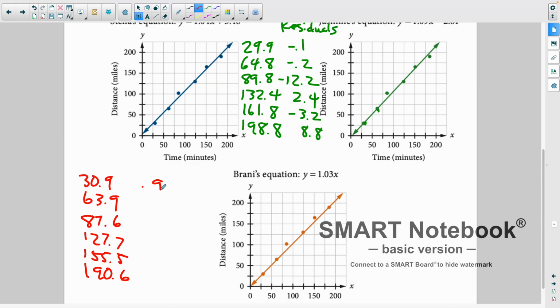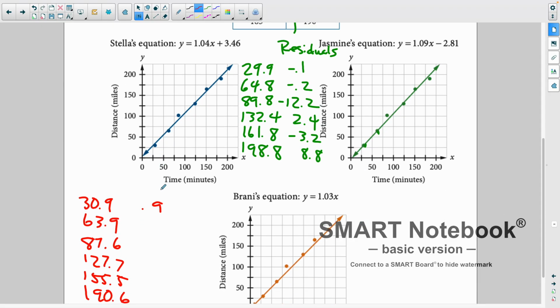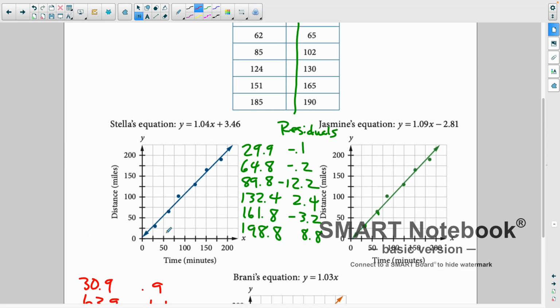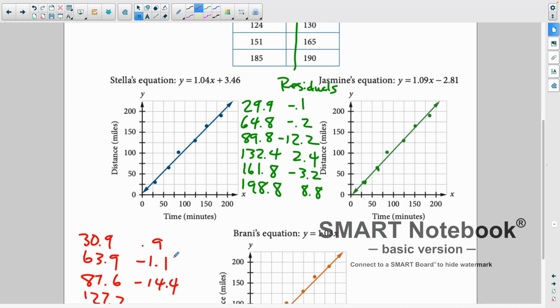63.9 minus 65, is a negative 1.1. Okay. 87.9 minus the 102, 14.4. It's negative 14.4. Okay. 127.